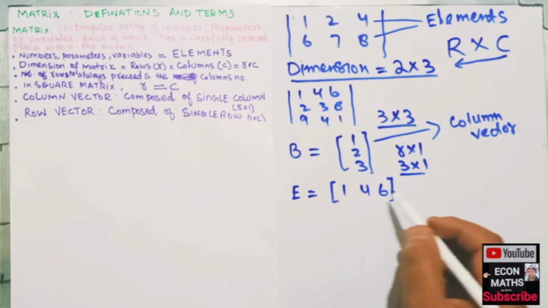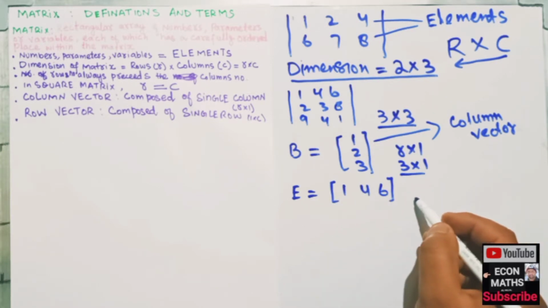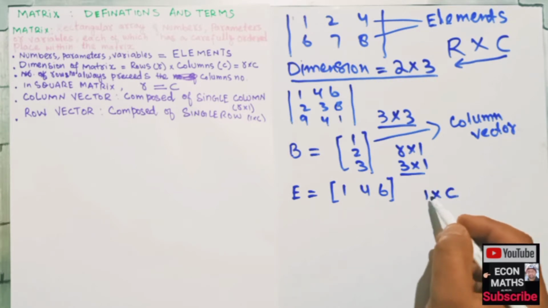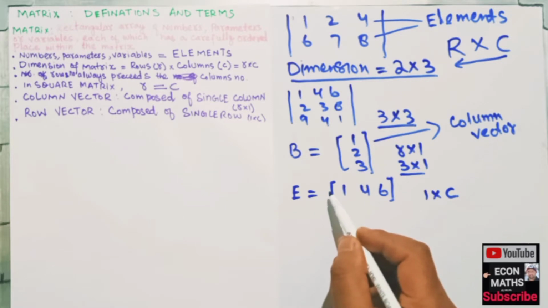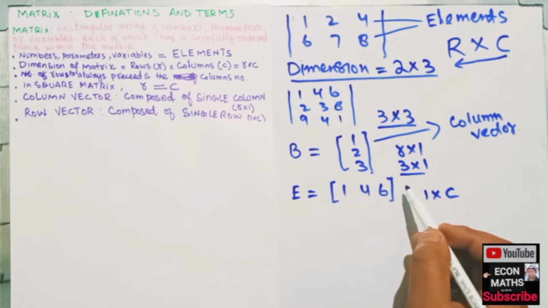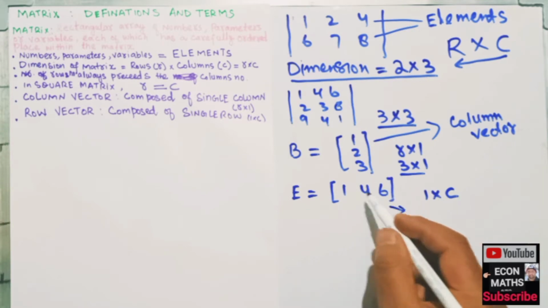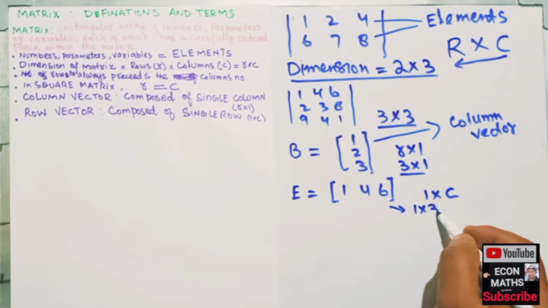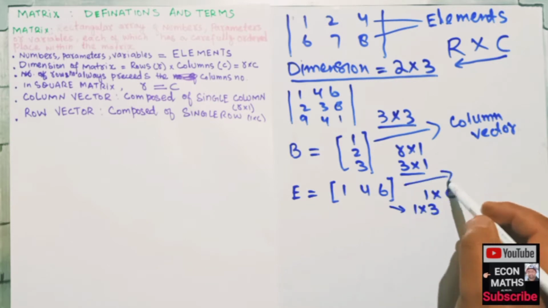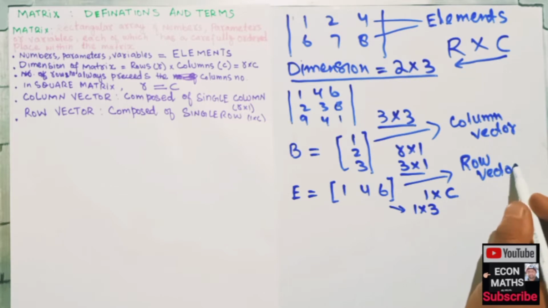So the dimension of a row vector is 1 cross C, 1 by C. That means I have a single row and the number of columns is 1, 2 and 3. So here the dimension of this matrix is 1 cross 3. So this is the row vector.